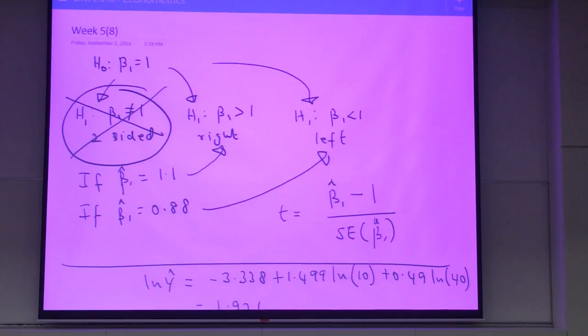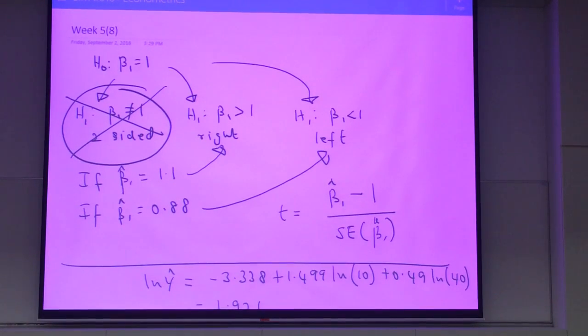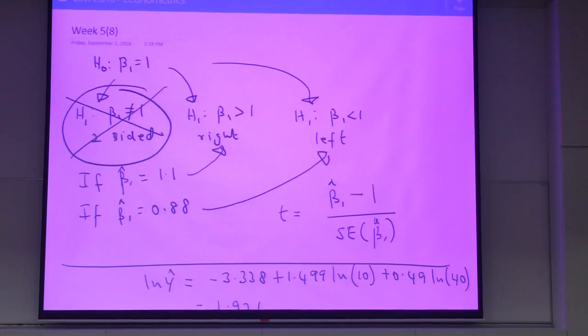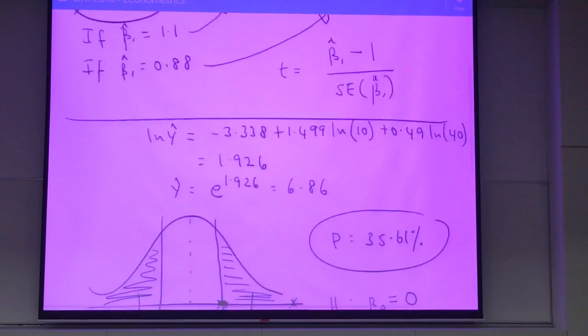This is what I said. I'm asking questions based on what I explained here. What is your alternative hypothesis? Is beta 1 hat less than 1 or greater than 1? Less than 1. So your alternative hypothesis should be less than 1.